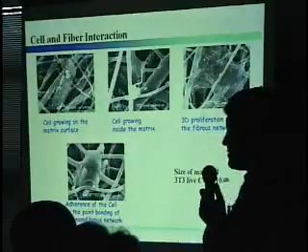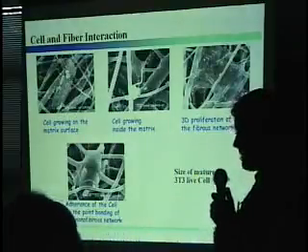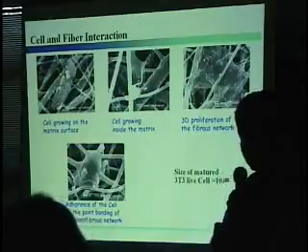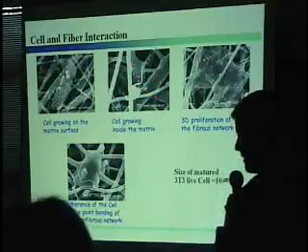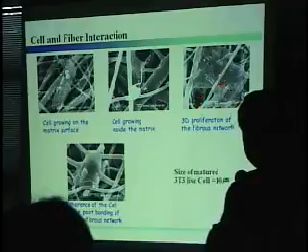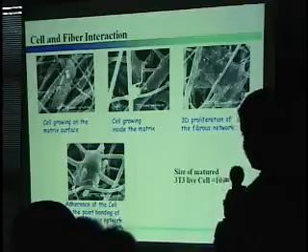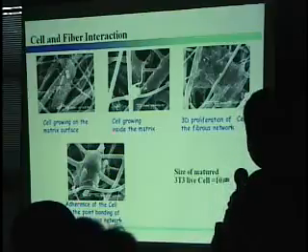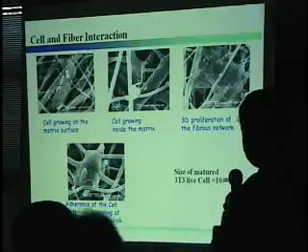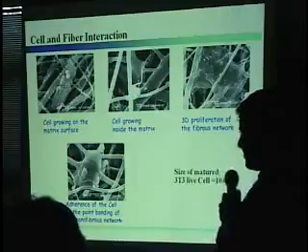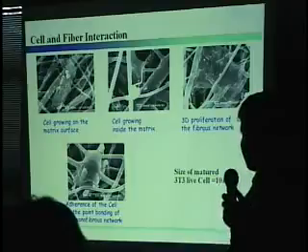Here is some interaction of the cell with the fibers, the cell growing on the fiber matrix, inside the matrix and on the surface, and here the attachment with the fiber, like this. The results I have mentioned here are from an ongoing project and not optimized yet.